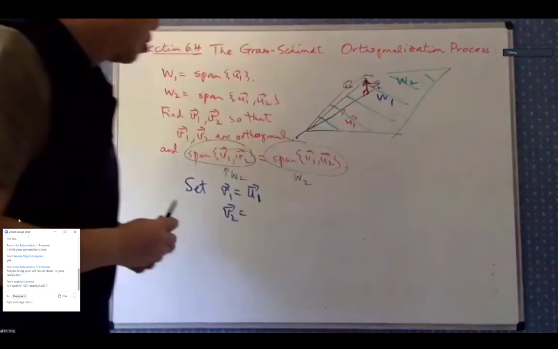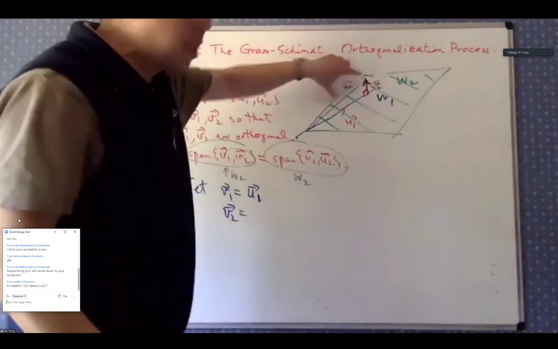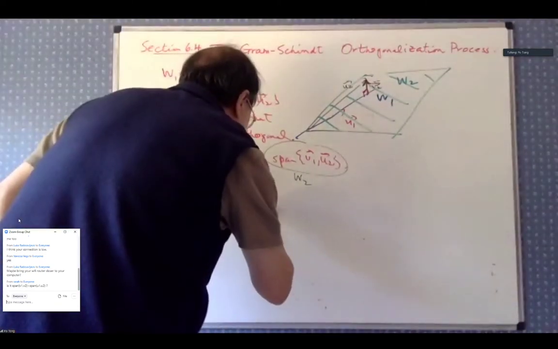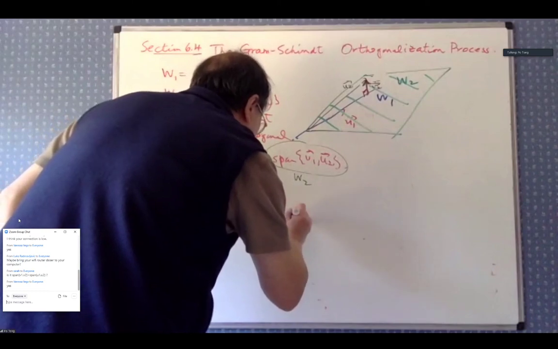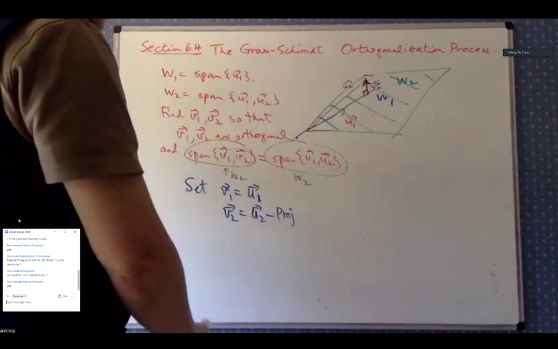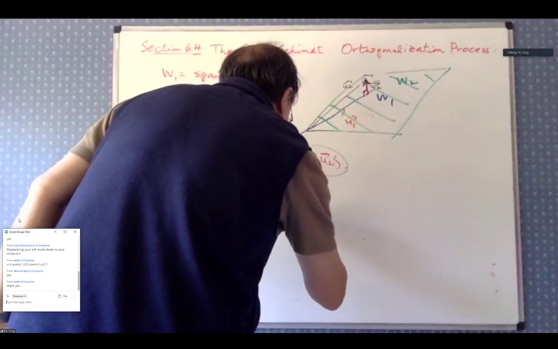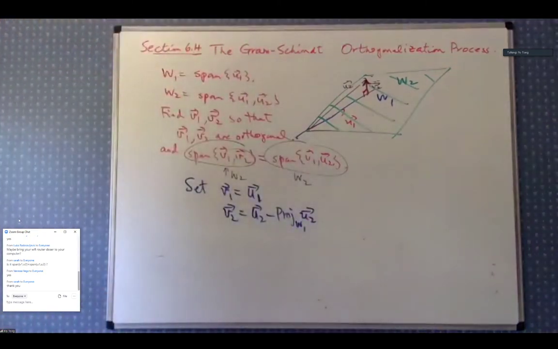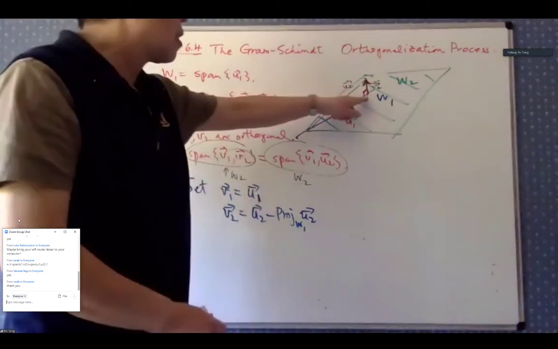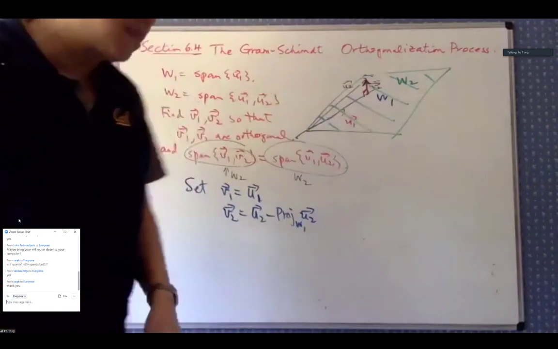So our V2 will actually be the difference between the original one, which is U2, and the projection of U2 onto W1. Do you guys understand what is going on? You do the subtraction, then you get that perpendicular vector.